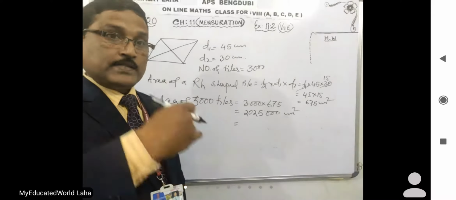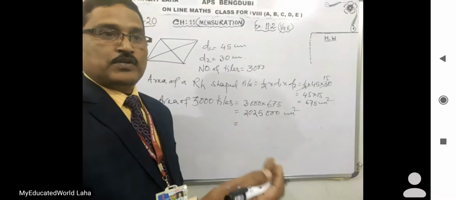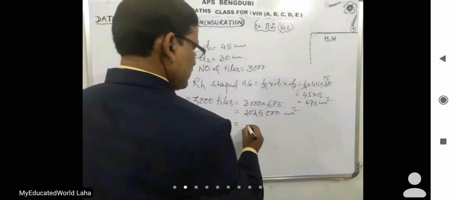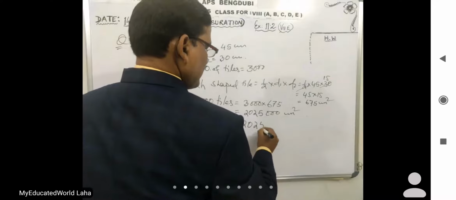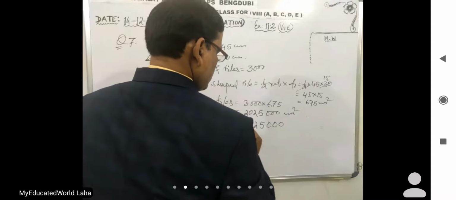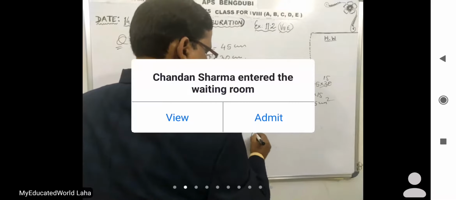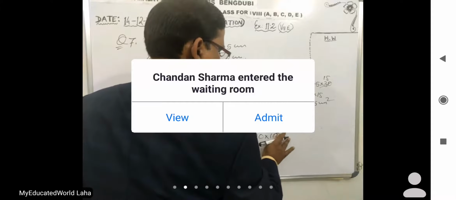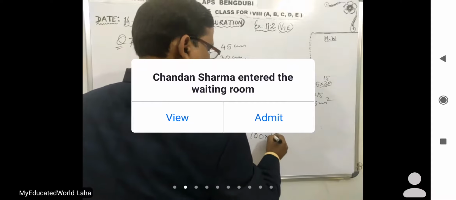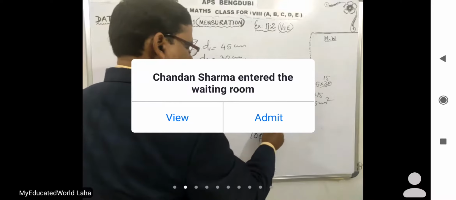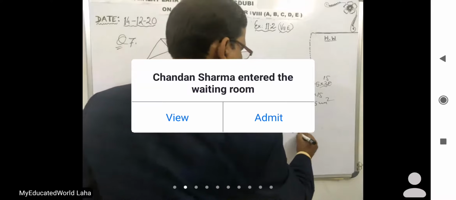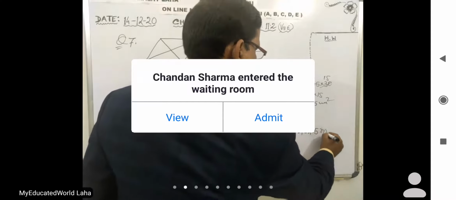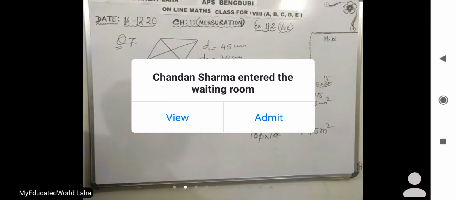But centimeter square to meter square, I have to divide by 100 and 100. 2025000 divided by 100 is centimeter to meter, another 100 for centimeter square to meter square. So now cut zeros. It will be 202.5 meter square. So this is your area of the floor.